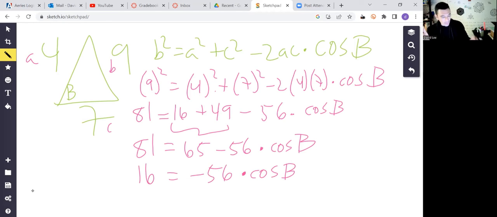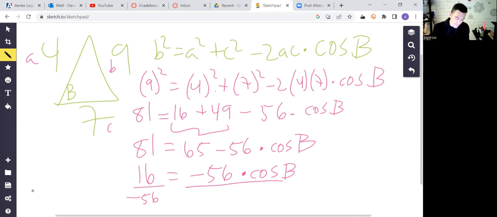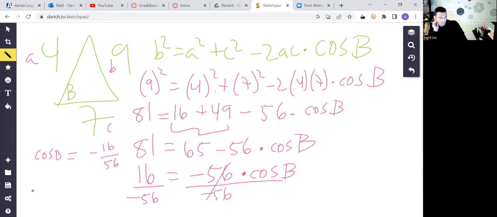Divide by negative 56, divide by negative 56, because these cancel. And so over here, we have cosine of b equals negative 16/56.